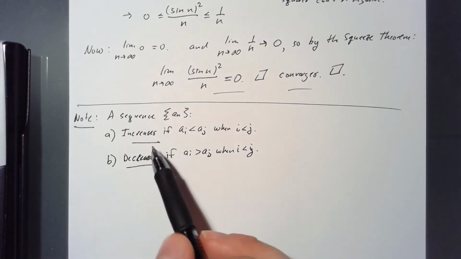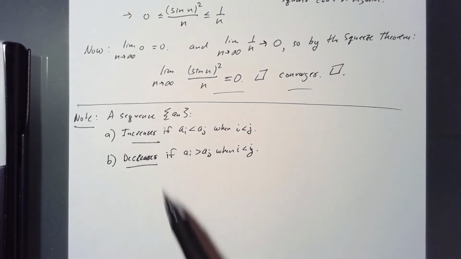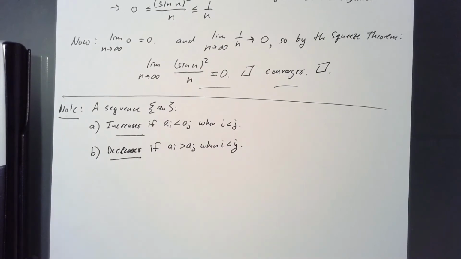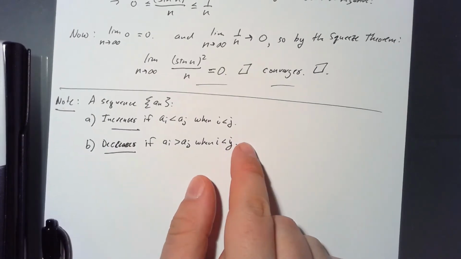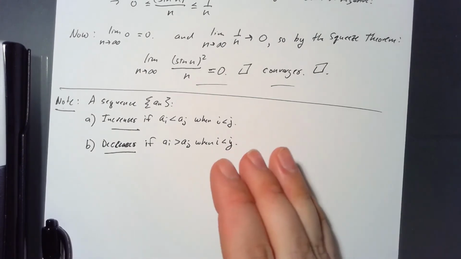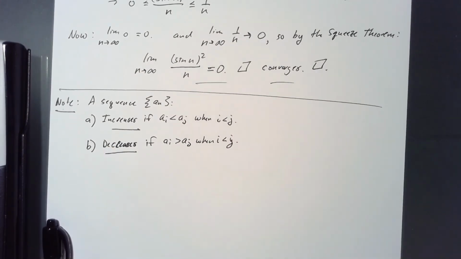So how do we know if a function is increasing or decreasing? A function increases or decreases based upon the value of the derivative, right? If the derivative is positive, so if f prime of x is positive, it means the function is increasing. If f prime is negative, that means the function is decreasing.